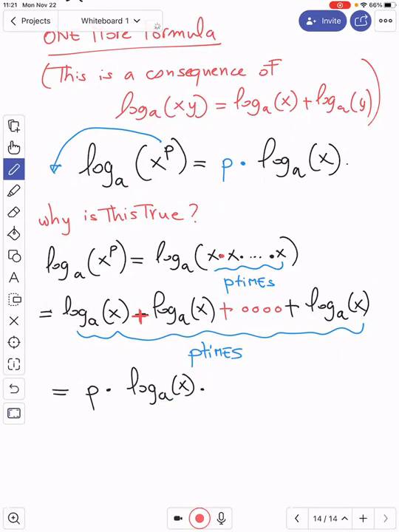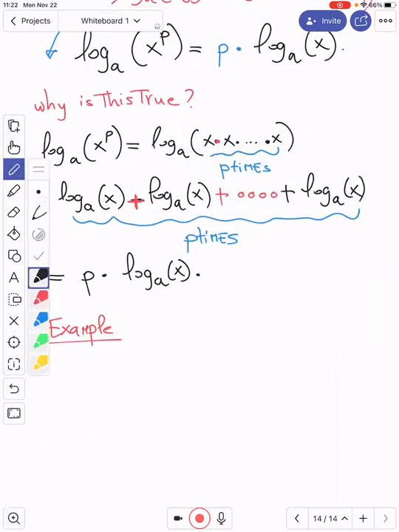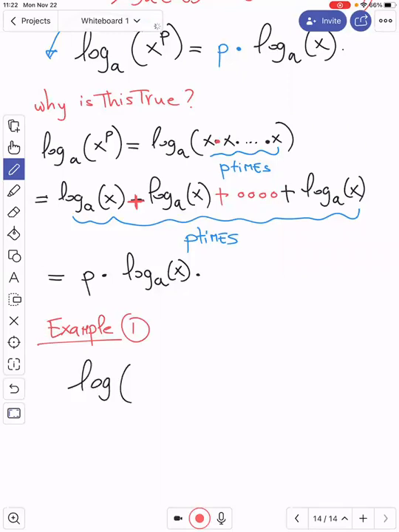So for example, let's say I want to compute example number 1. Let's say I want to compute log in base 2 of 8 to the power 5.